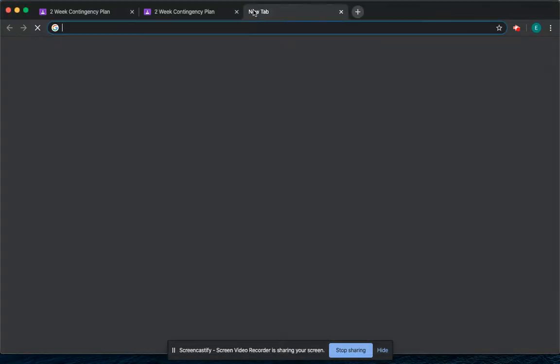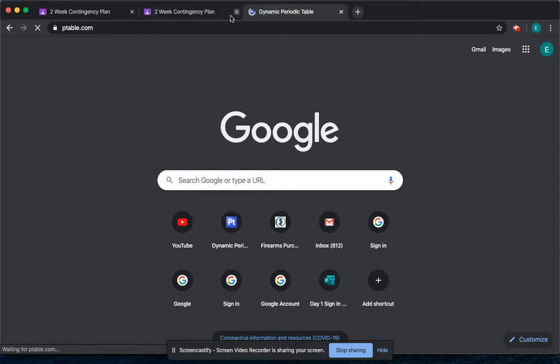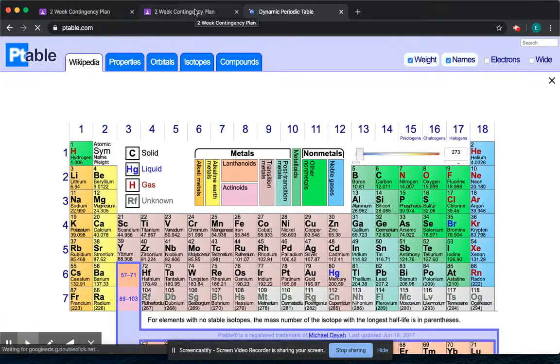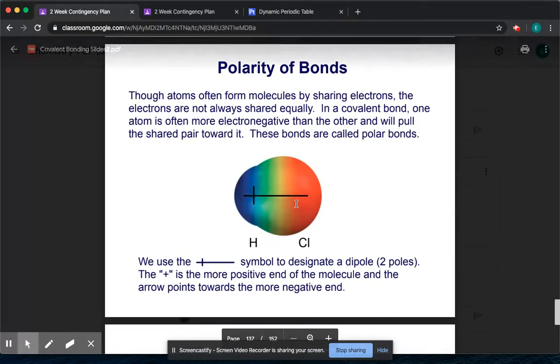And let me open up a periodic table for the purpose of the trends. So in the first slide, they give you the example of chlorine and hydrogen, HCl. In this image, you can see that the right side is red and the left side is blue. The red side is the side that has most of the electrons.